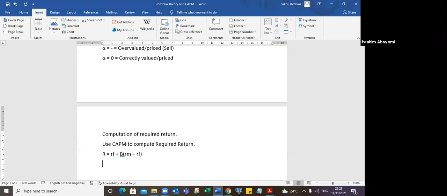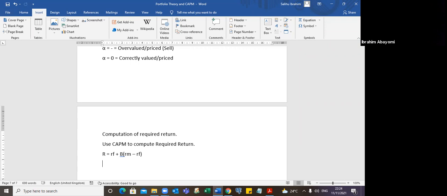Maybe you are converting beta of equity to beta of asset, and from beta of asset to beta of equity, but you are not computing beta. You are only manipulating beta from one form to the other. So this is where we need to compute that beta you have been using before. How do we compute that beta?